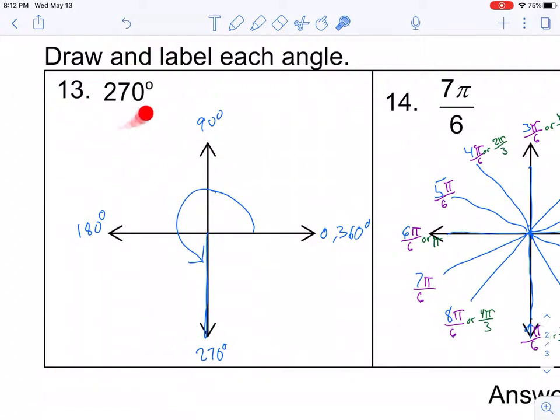That's why when we have a number larger than 360, we subtract that out so that we can find the remaining piece, because we just end up all the way in a circle back around. So it's easier to subtract that out and then find it from there. For 270 degrees, I'm counting 90, 180, 270, and it's on that line there.